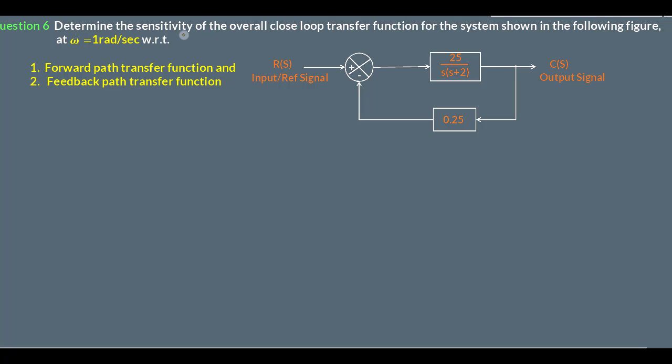It says determine the sensitivity of the overall closed loop transfer function for the system shown in the following figure at omega equals 1 radian per second with respect to the first forward path transfer function and the feedback path transfer function. So we need to find the sensitivity of the closed loop transfer function, first with respect to the forward path and second with respect to the feedback path.